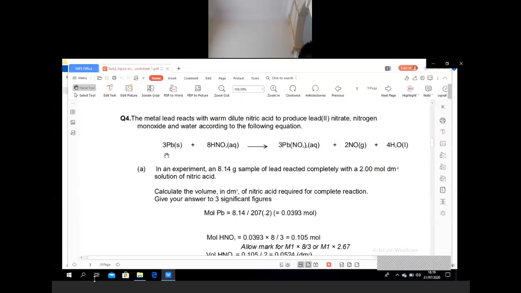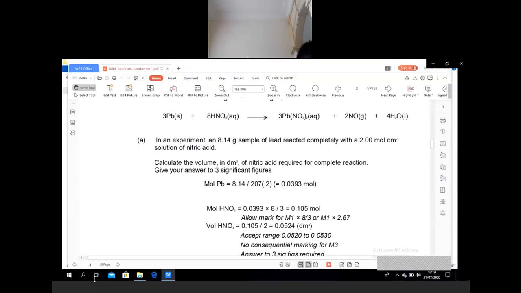The mole ratio: lead is 3, nitric acid is 8, lead 2 nitrate is 3, then nitrogen monoxide and water. The question here: in the experiment, 8.14 gram of lead sample reacted completely with 2 mole per liter of nitric acid.